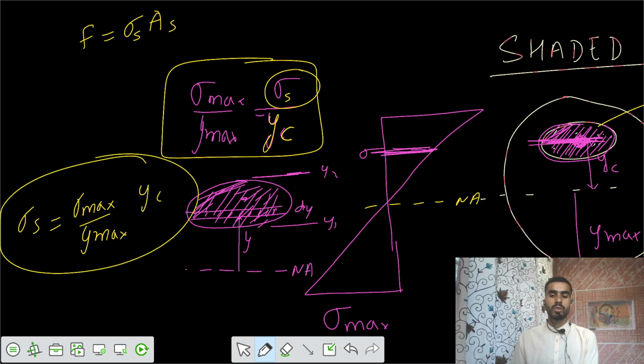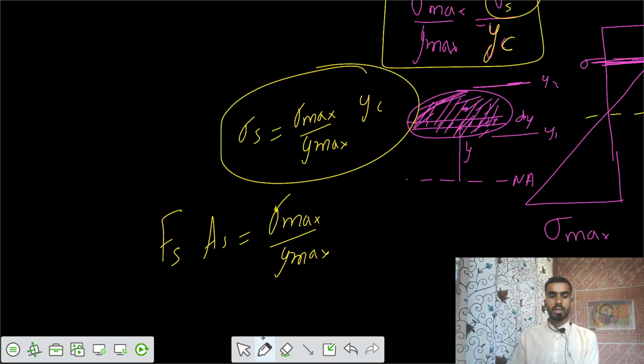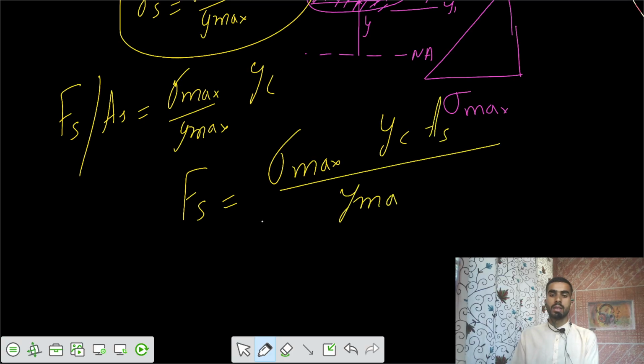If I substitute sigma shaded, force shaded equals sigma max by y max into yc into A shaded, since stress equals force per unit area. So I can get how much force that shaded area can resist: sigma max yc into A shaded by y max.